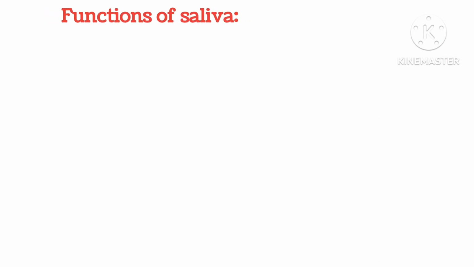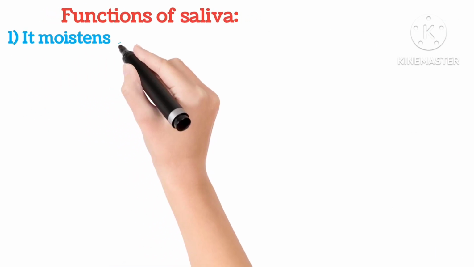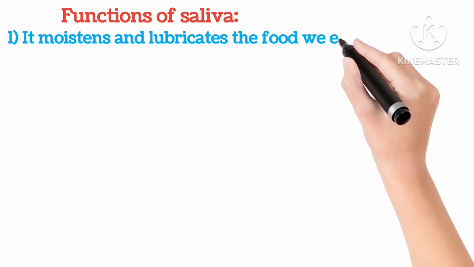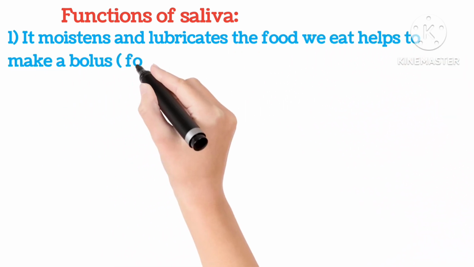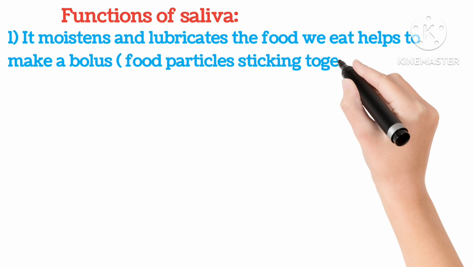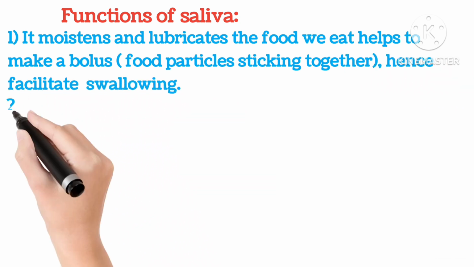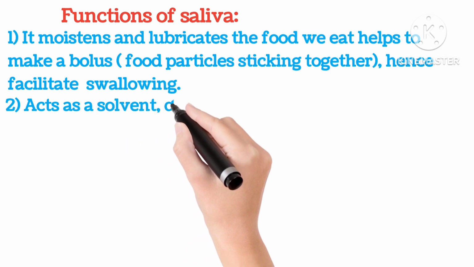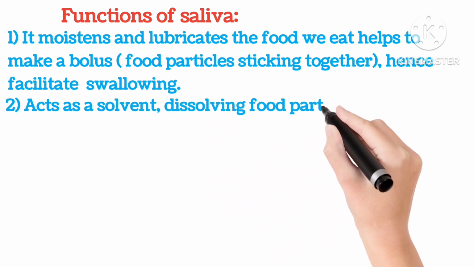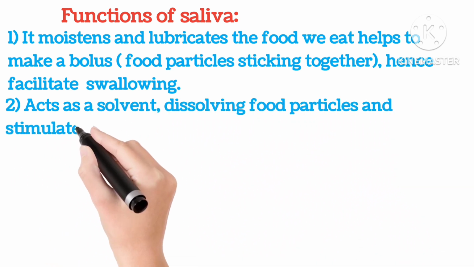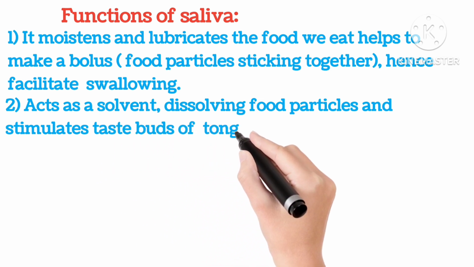The functions of saliva. It moistens and lubricates the food we eat, which helps food particles stick together to form a bolus, hence facilitates swallowing. It acts as a solvent, dissolving food particles and stimulate the taste bud of tongue.